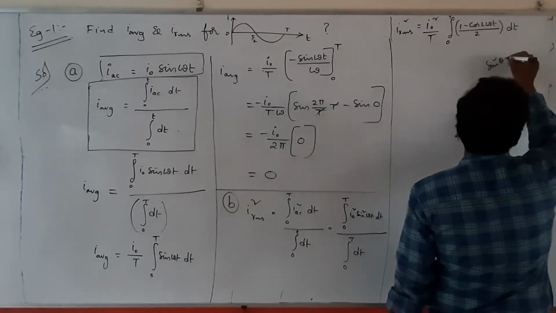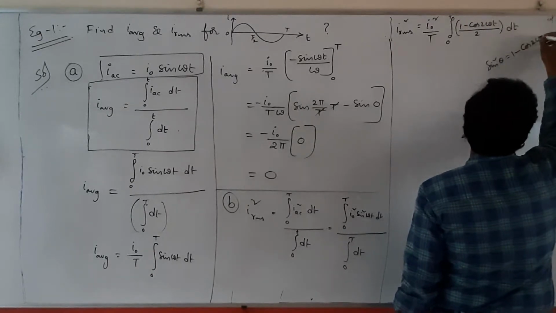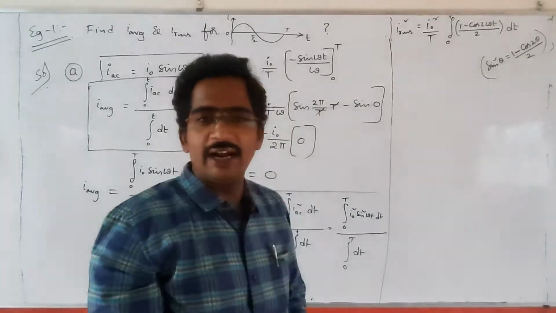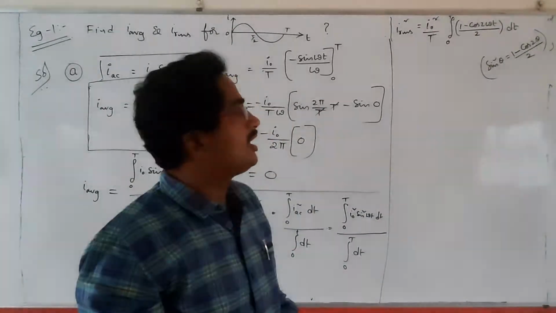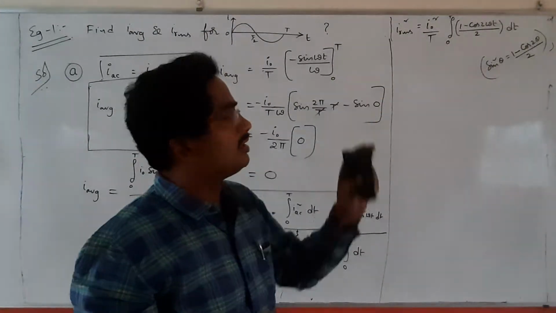Sin square theta equal to 1 minus cos 2 theta by 2. Okay. So by that I wrote that value.